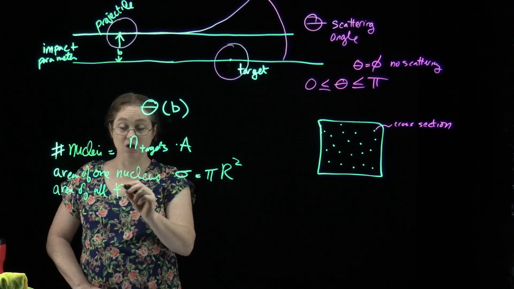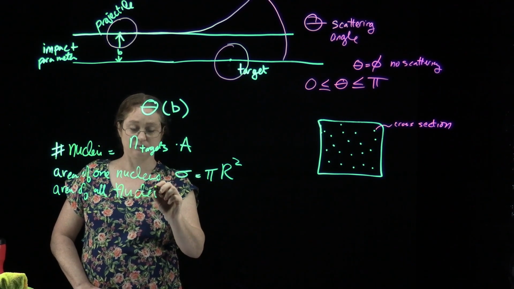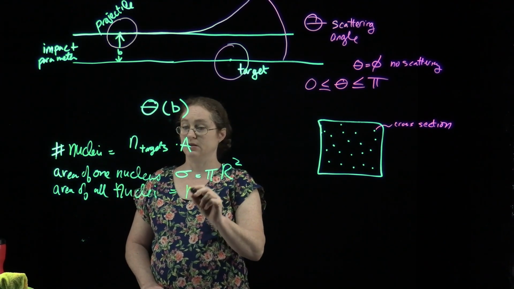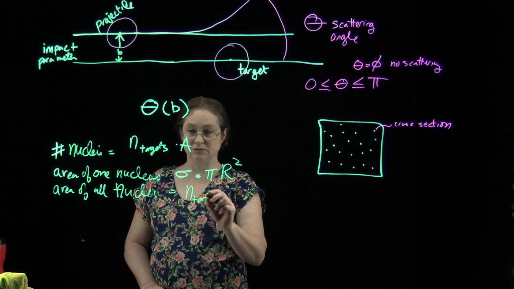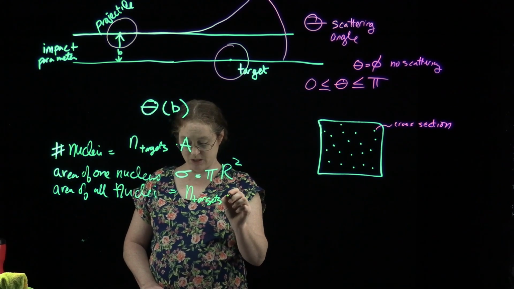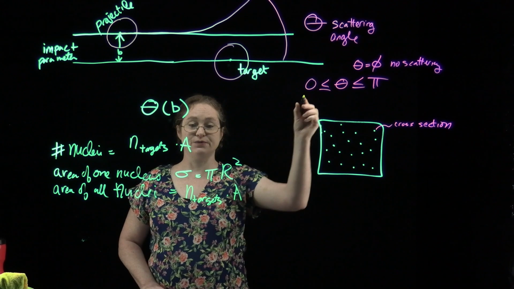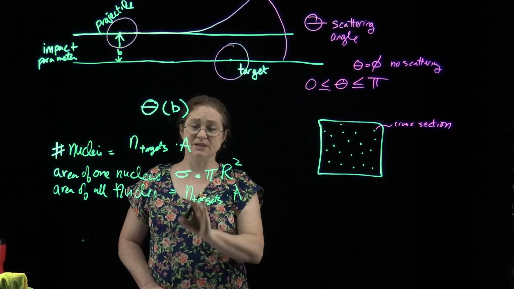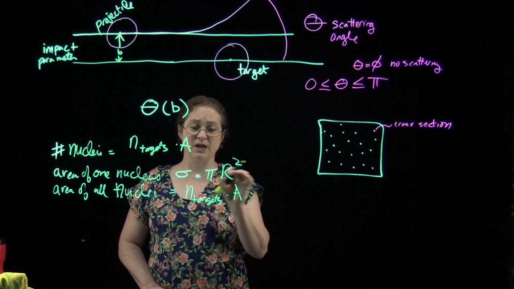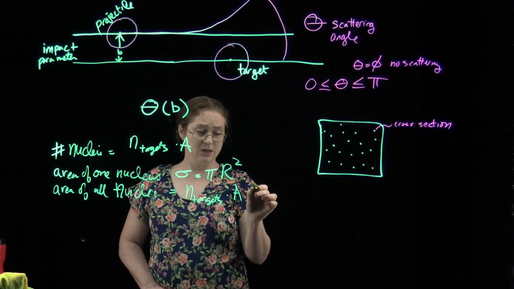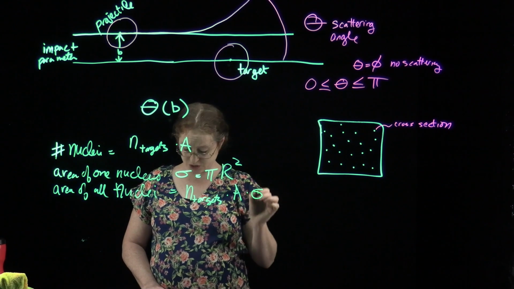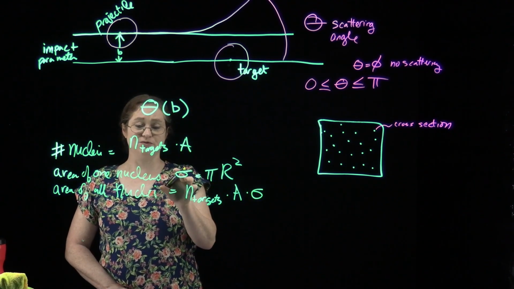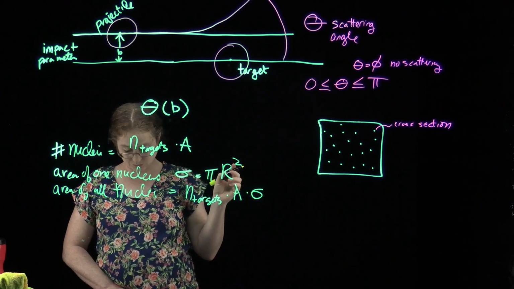So the area of all nuclei is then going to be the number of targets times the area of the foil. So the number density of the nuclei times the area of the foil times the cross-sectional area of each individual nucleus.